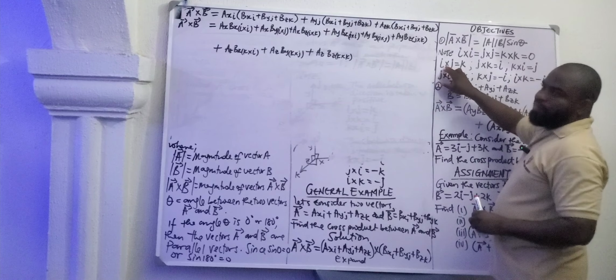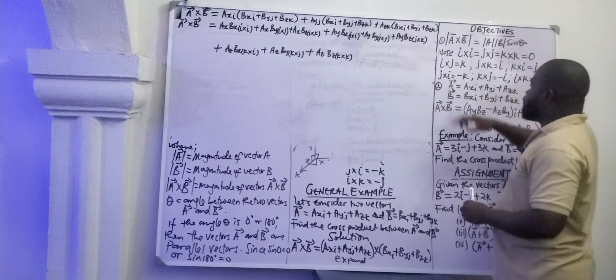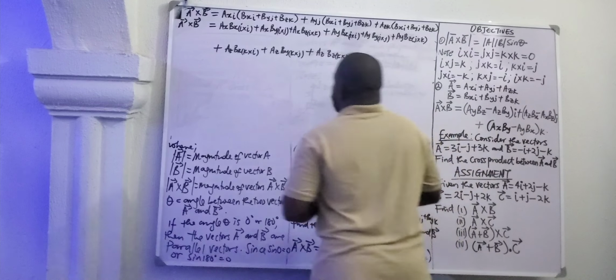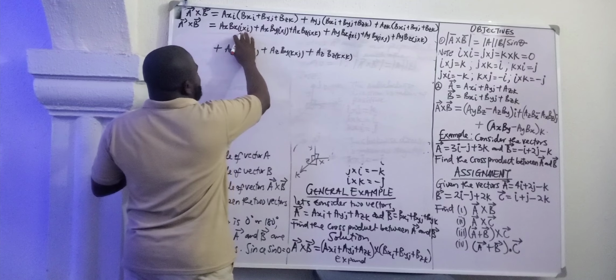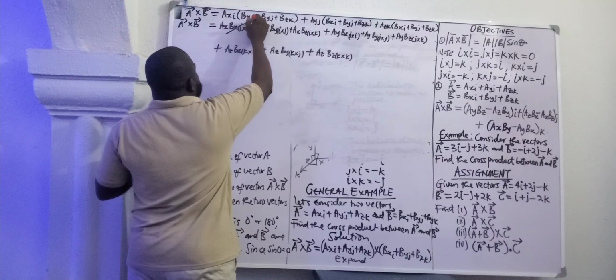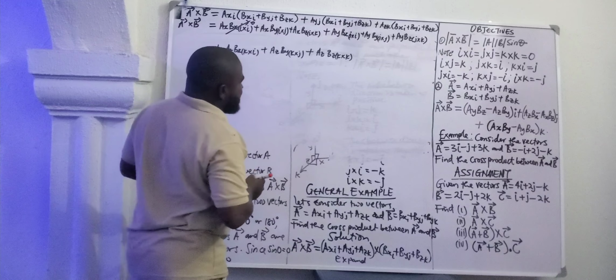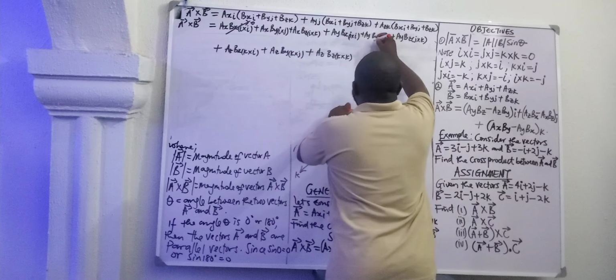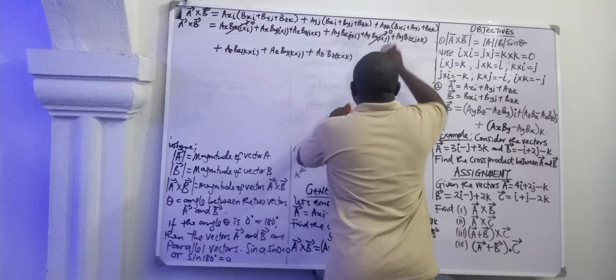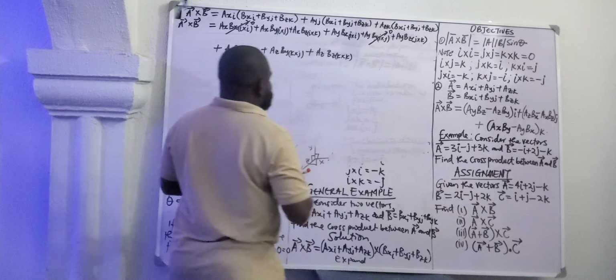Where they have perpendicular unit vectors, we will put their corresponding equivalents. So what does that mean? Where I have i cross i, that component is 0 automatically. Where I have j cross j, that component is 0 automatically.